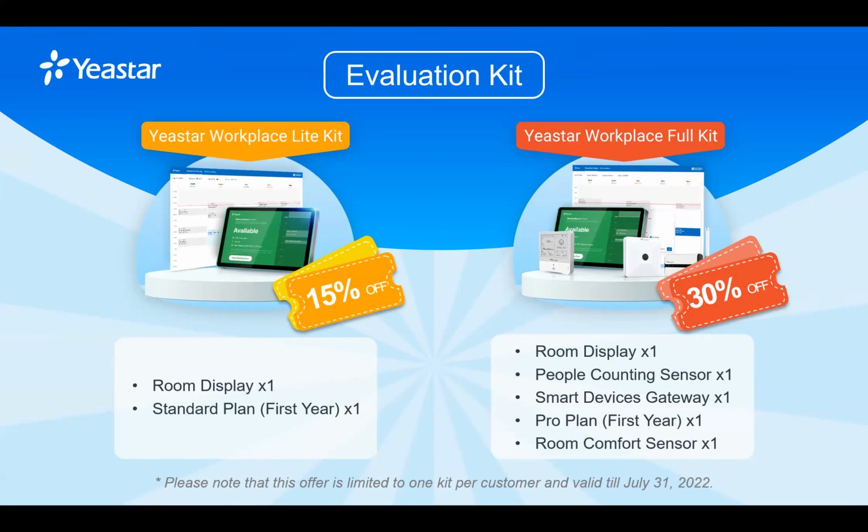Then we have the full kit, which carries 30% off on your pricing. This will have one display panel, then a sound sensor for people counting, then the gateway, which comes with a pro plan with complete features, and a room comfort sensor.